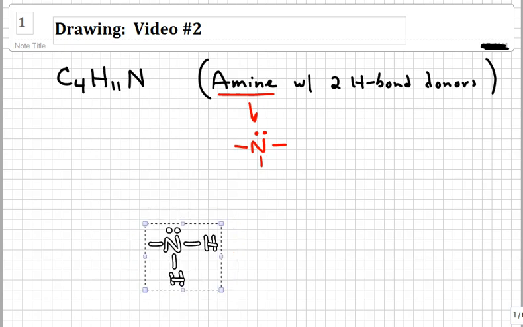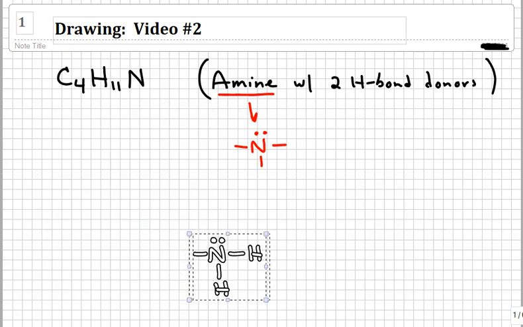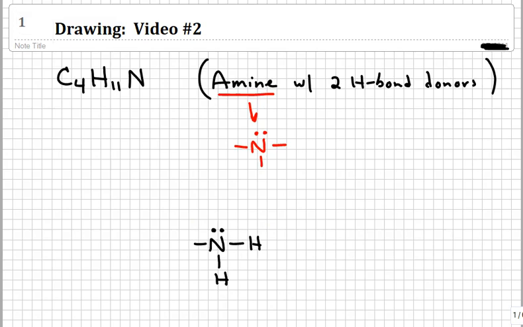And so I've left the bonding position on the left here open, and now I have to fit all the carbons over here somewhere. In this case, it's not that bad. You just put in 4 carbons, 1, 2, 3, 4, and then add in your hydrogens.